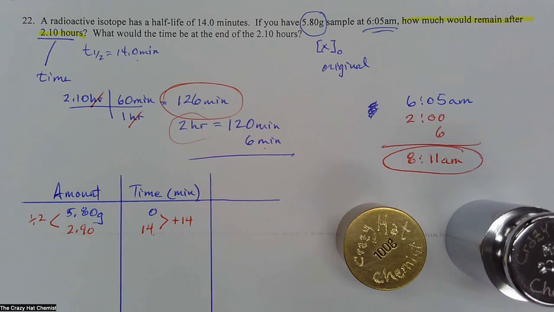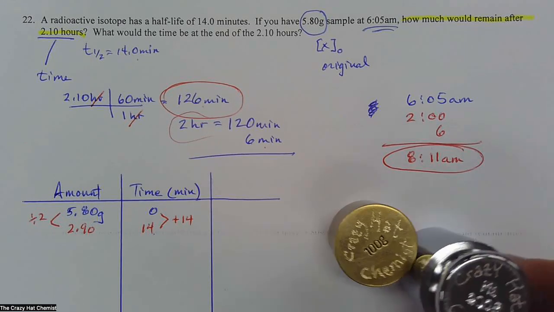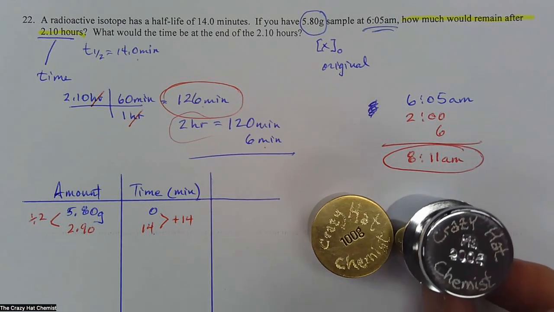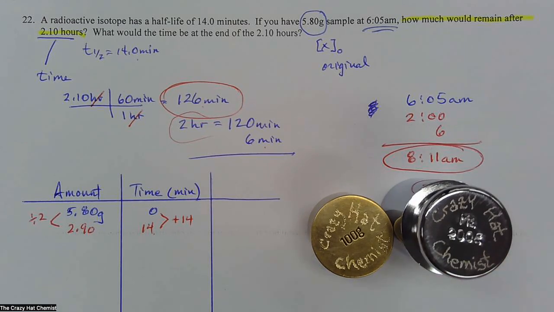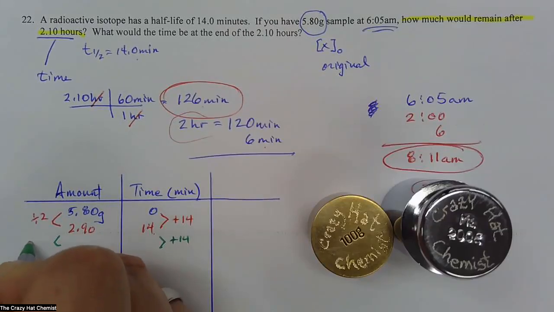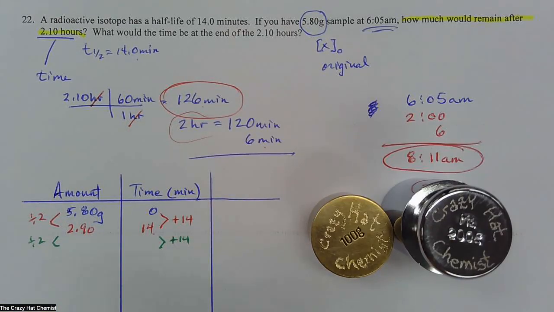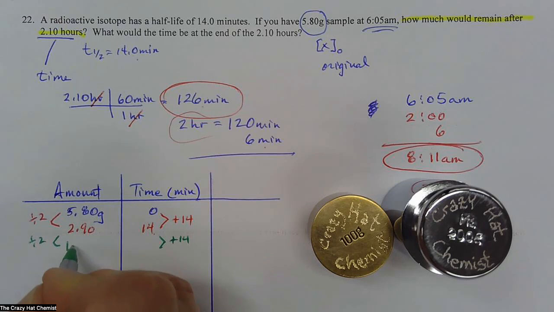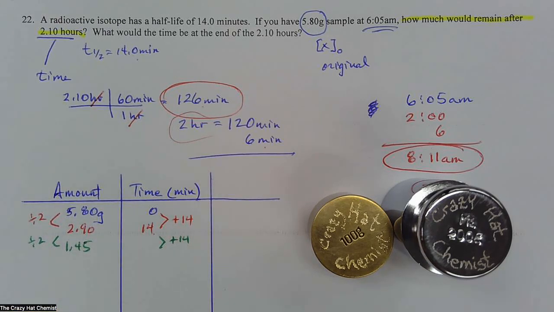So I need to keep on going with this table. I'm going to sadly have to zoom out so that it makes more sense. But we're going to add 14 and divide by 2. That would be 1.45 and then 28. So that is certainly not 126 minutes. So we're going to keep on going.